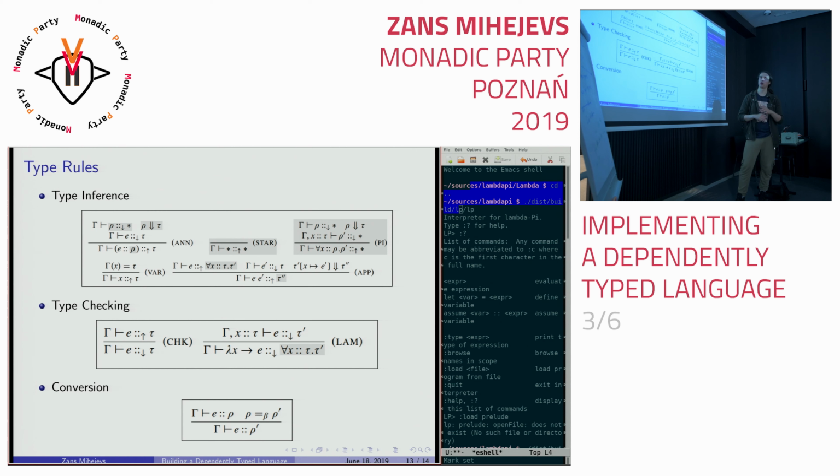Essentially, the way you prove that false is true is that you create a computation which doesn't terminate.